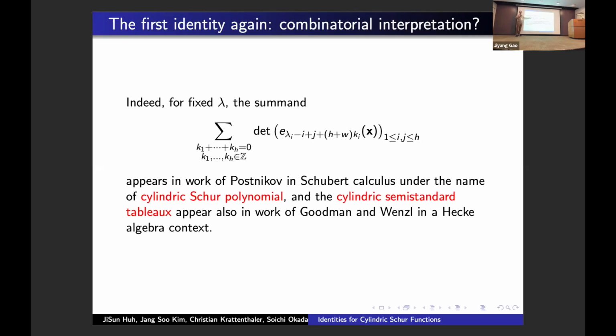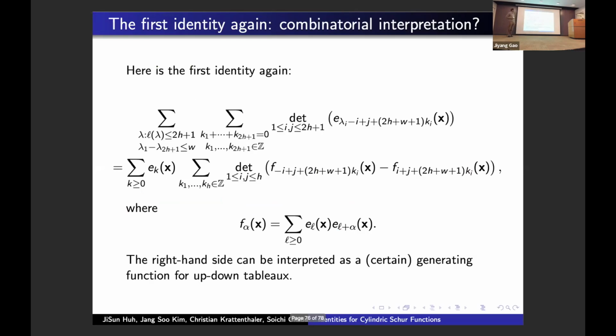So this is the cylindric Schur function of type A. And the right-hand side also has a combinatorial interpretation in terms of certain up-down tableaux. And then again, you have an equality of, on the one hand, semi-standard tableaux with the cylindric condition and these up-down tableaux, but still no bijection. I believe it's very hard to find a bijection.